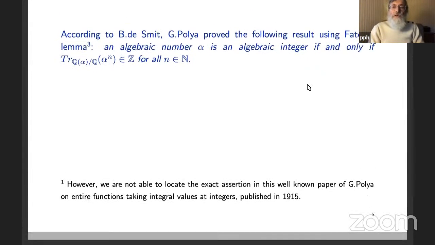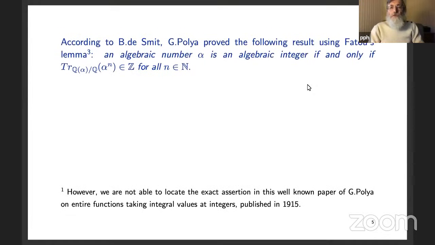You see here it is for all n. Bart de Smit then addressed the problem of the smallest set where you can require the trace to be an integer, which implies that the algebraic number alpha will be an integer.